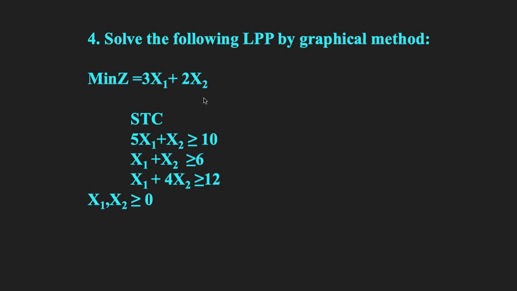Now, as you know, the first step in solving an LPP by graphical method is to convert the inequality into equality. Here we are going to replace the greater than or equal to sign by is equal to, that is 5x1 plus x2 is equal to 10, x1 plus x2 is equal to 6, x1 plus 4x2 is equal to 12, and x1, x2 greater than or equal to 0.